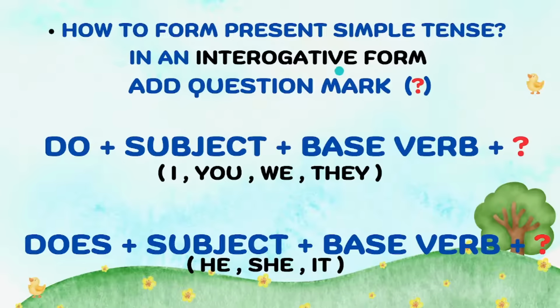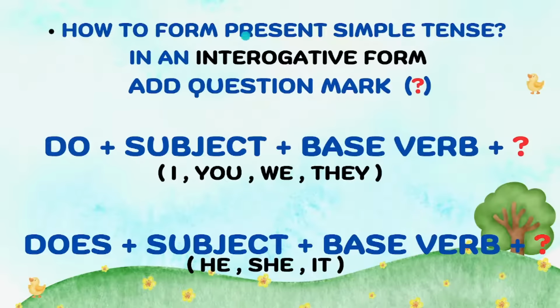When we say interrogative form, this is a question form sentence. When we say question form, it ends with a question mark. But still, we are in present simple tense.